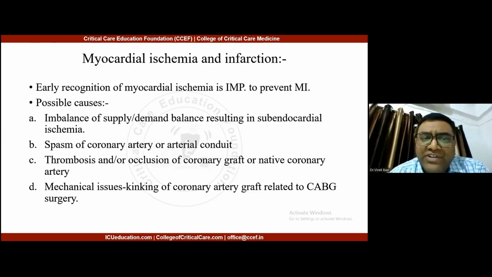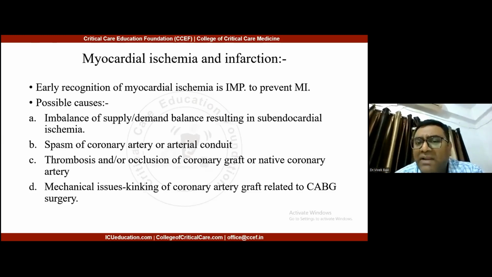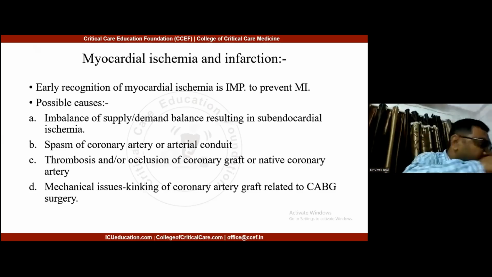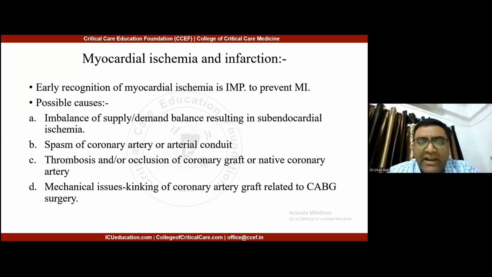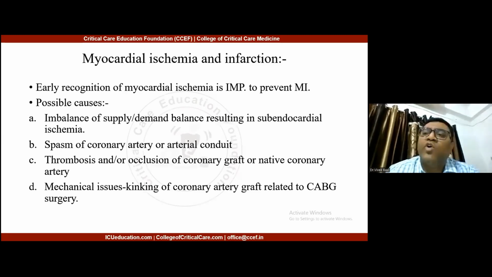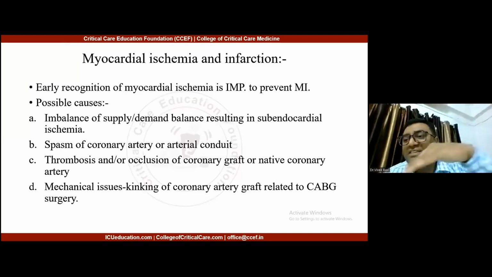So the possible causes, we all know: imbalance of the supply and demand, which will cause some myocardial ischemia, any spasm of the coronary artery, thrombosis, occlusion or failure of the graft, and any other mechanical issue. So while you are treating the patient with hypotension post-op, you need to see any ECG changes.